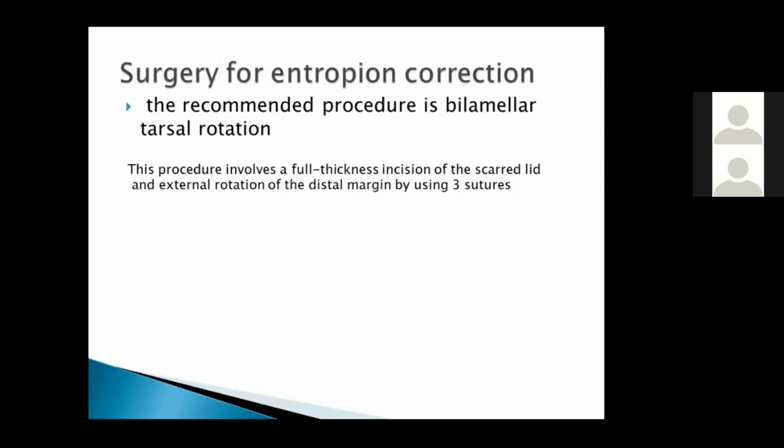That means if the eyelid is turning inward, you invert it so that the lash will not touch the cornea. By doing so, you can prevent the disease from progressing to the level of corneal opacity. Once it reaches corneal opacity, it is almost permanent damage.